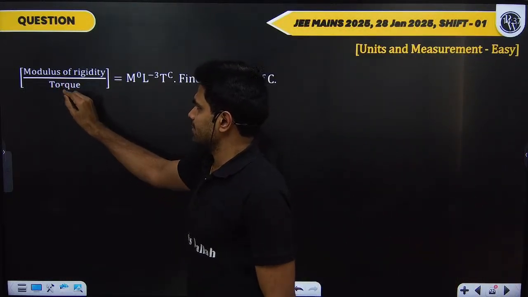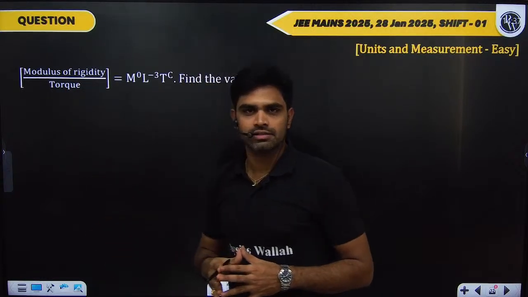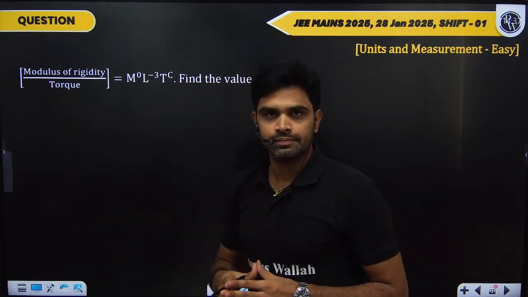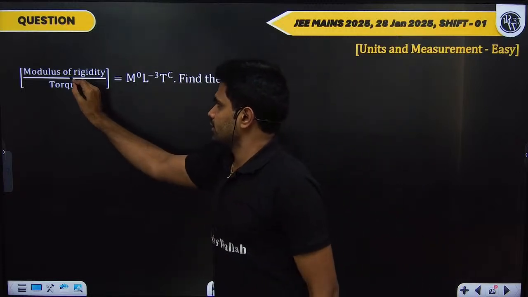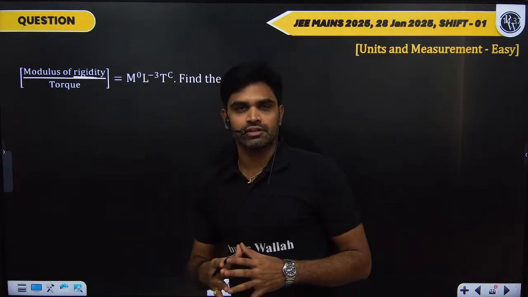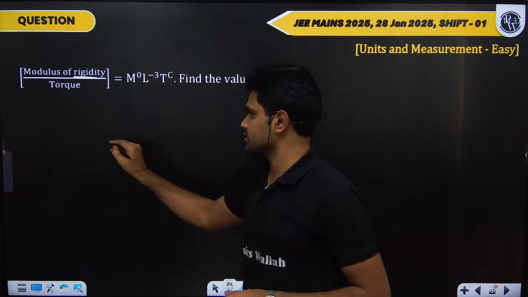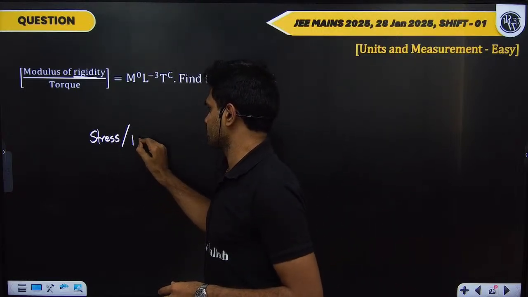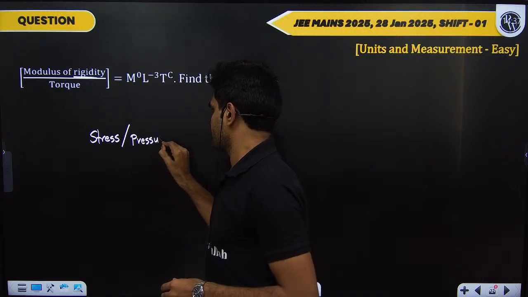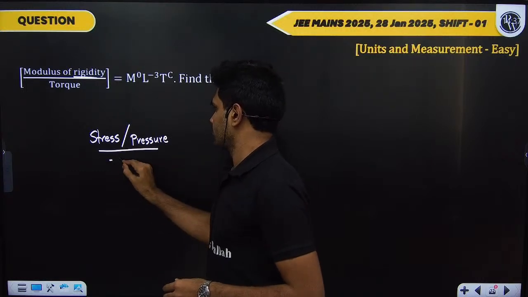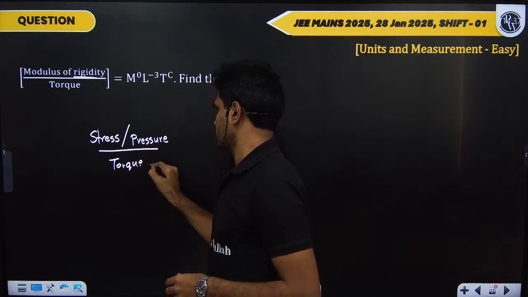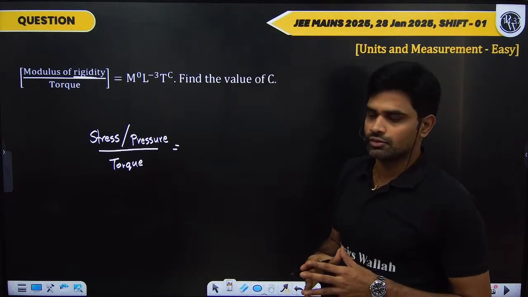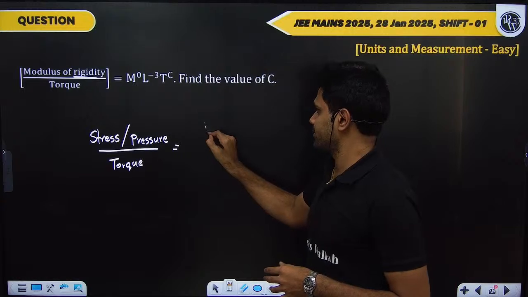Here they are asking for the dimensions of rigidity modulus divided by something. Now rigidity modulus, any modulus for that matter, will have the same dimensions as stress. Stress is force per area.